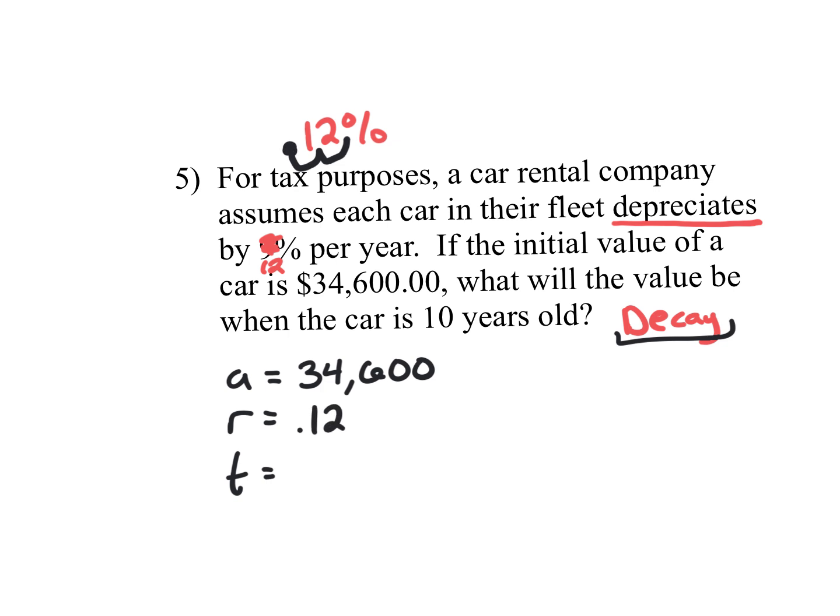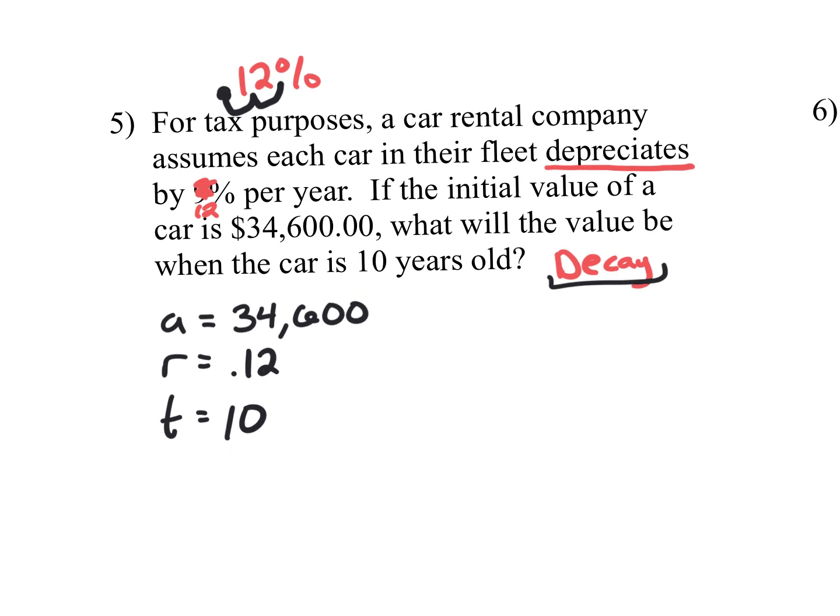Or you can type in your calculator 12 divided by 100 to double check that. Okay, and then T, 10. Let's do one more practice with using the equation. Since it's decay, what equation am I going to use? Addition or subtraction? Bingo, yep.